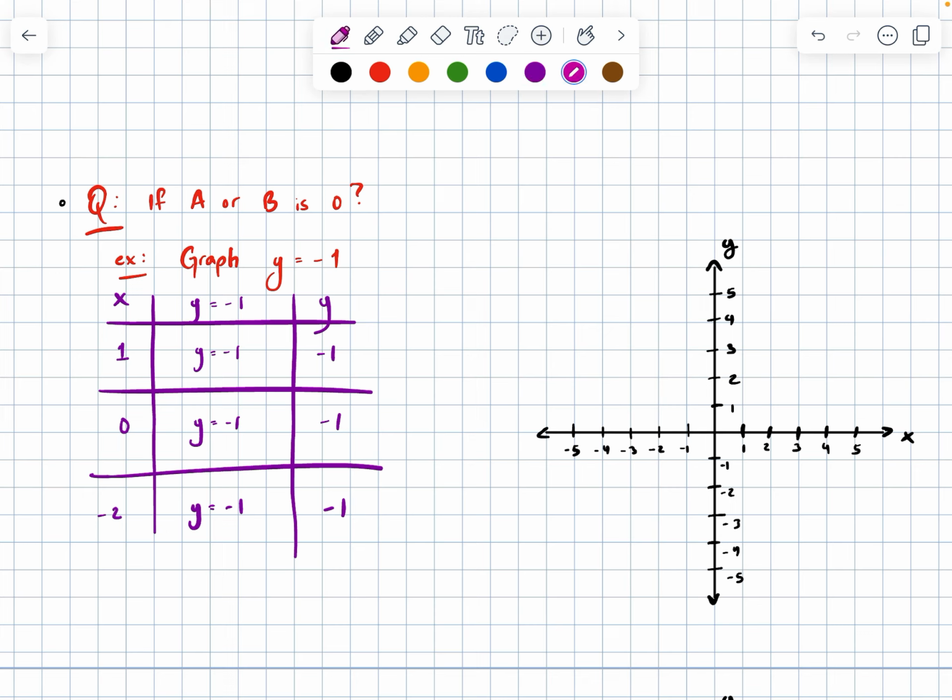Now, if I plot all of these points on my graph, notice I've got the point 1, -1. That guy's right over here. I've got the point 0, -1. That point is right over here. I've got the point -2, -1. That point is right over here. If I connect those points, what kind of line do I build? Well, notice it's parallel, you might say, to the x-axis, right?